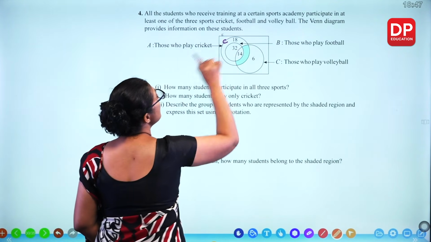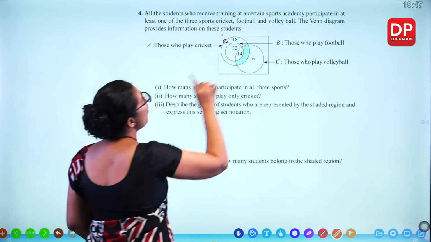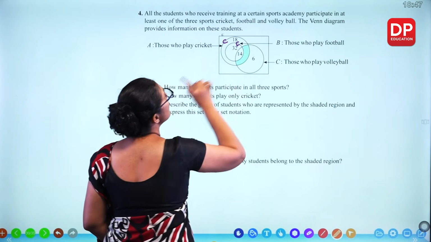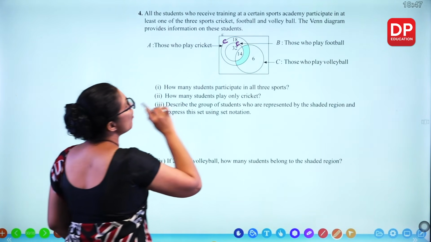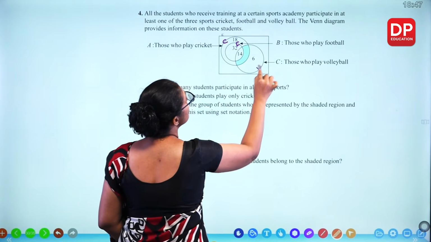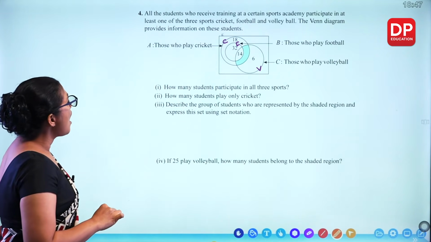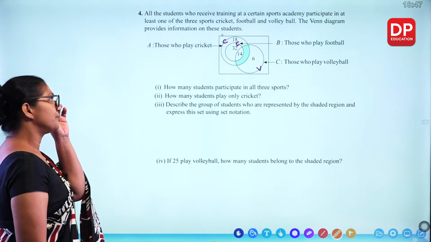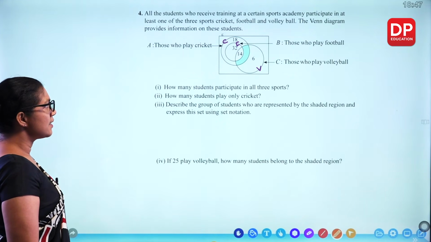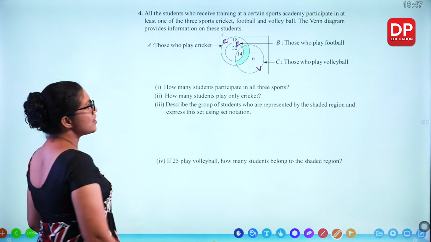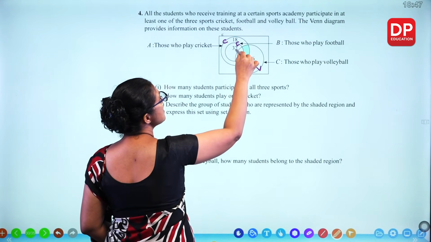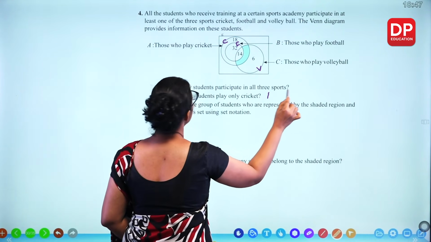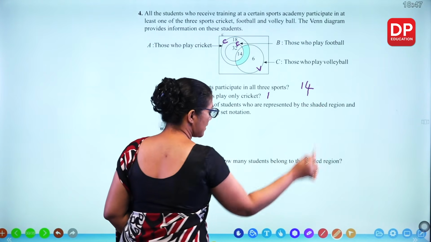I'll put C. Those who play football, I'll put F. And those who play volleyball, this is V. How many students participate in all 3 sports? All 3 sports is the common region for all 3 circles. So that's given as 14.